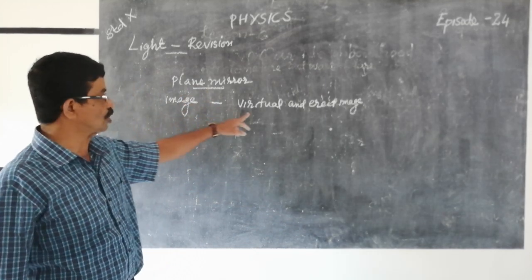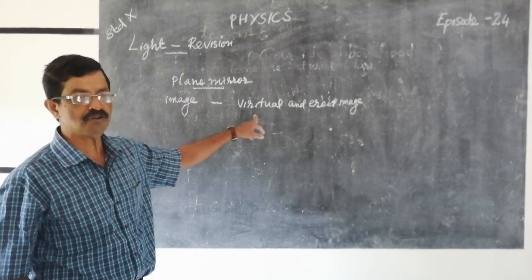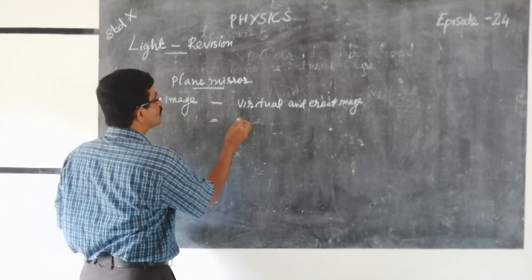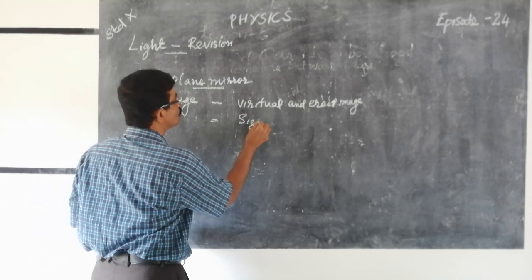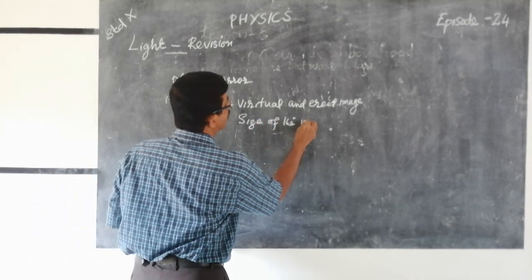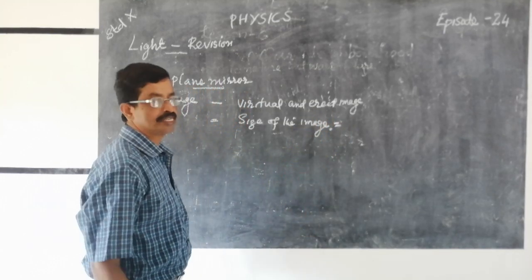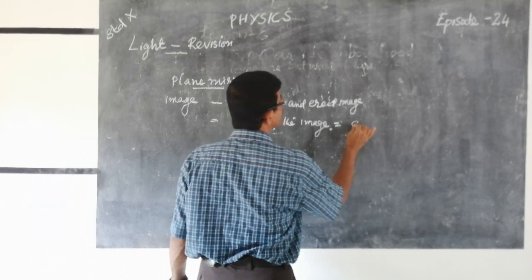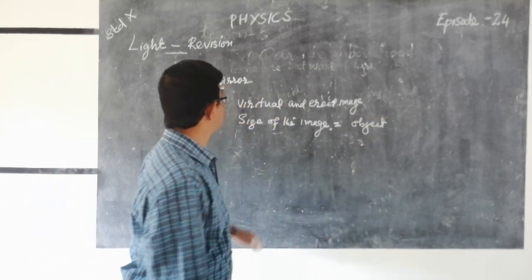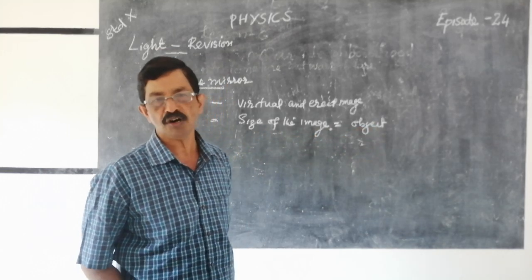That is the first point you want to remember. And the second one, the size of the image is equal to the size of the object. These two are equal.